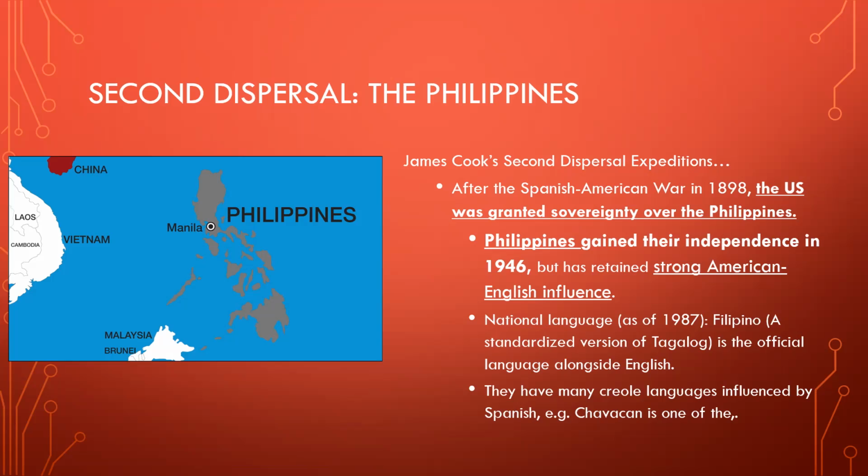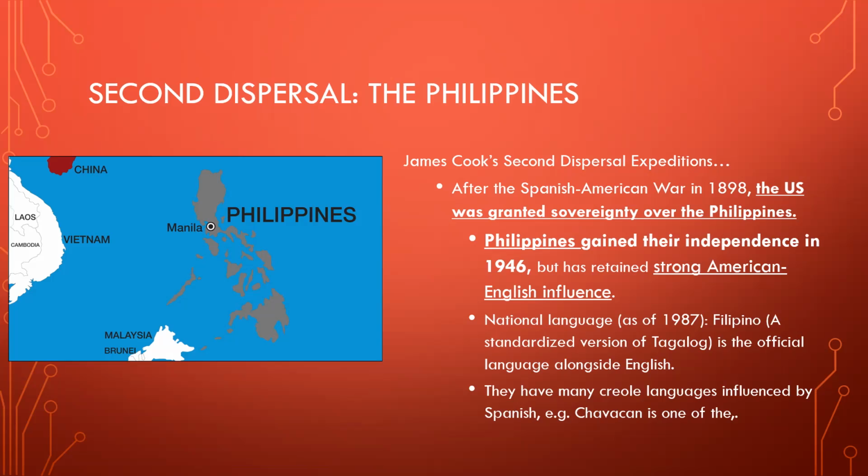Fue cedido. Well, in this same treaty, we have the shared influence of the Philippines also being ceded to the United States, however, alongside Guam. However, the Philippines accomplished their independence in 1946. Even though they are independent, they still have a strong American English influence.